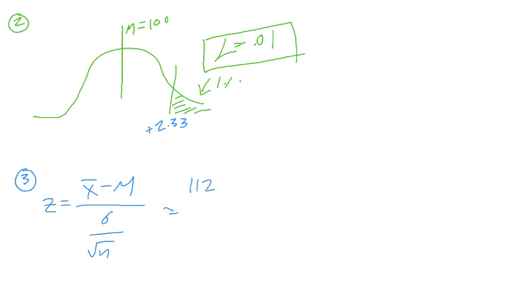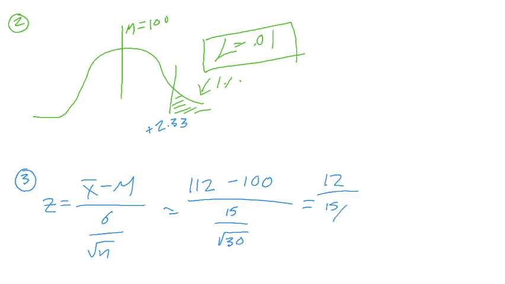So our sample mean was 112 after we started wearing sunglasses. Before, we were at a coolness of 100. We have a standard deviation of 15 that we're going to put all over the square root of our sample size, which is 30. So we end up with something like 12 over 15 over, what's the square root of 30?